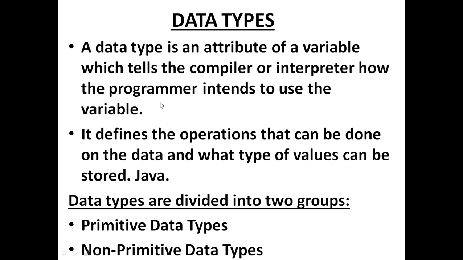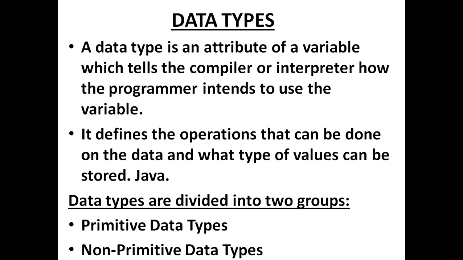It means a data type is an attribute of a variable, which tells the compiler or interpreter how the program uses the variable. Okay, this is the meaning of data type. A data type is an attribute of a variable which tells the compiler how to use variables.